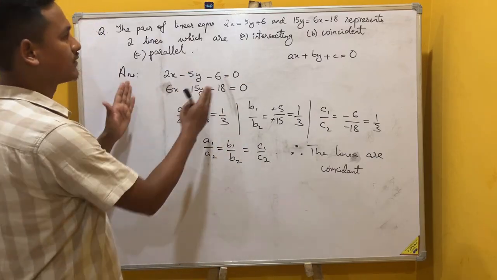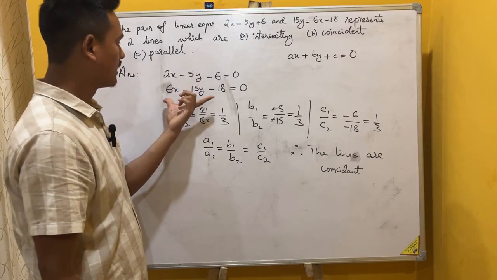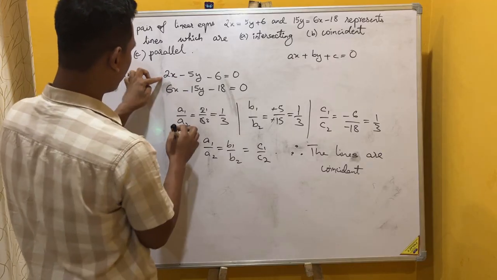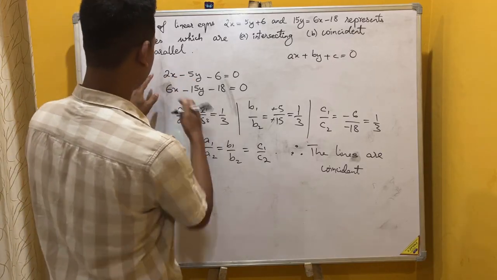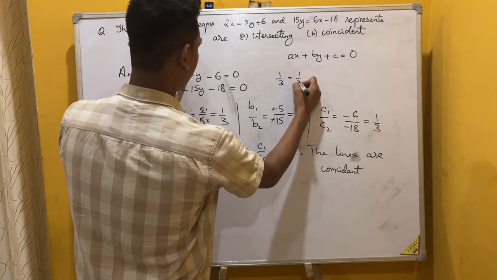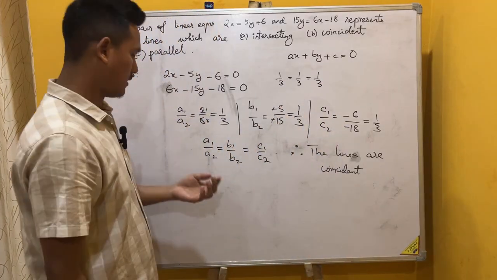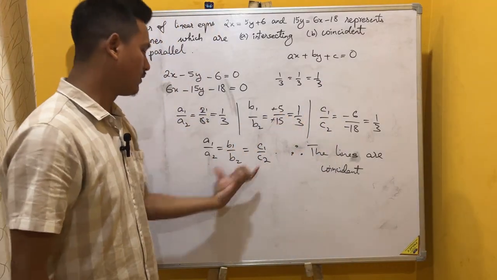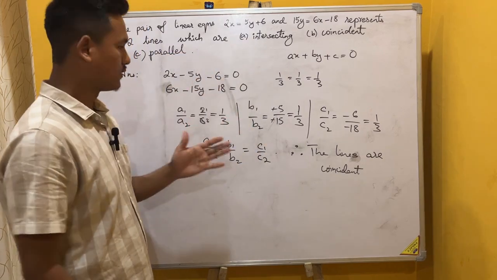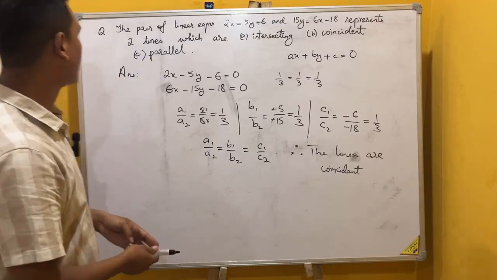First you write the equations in this format, and here you can check a1 a2 b1 b2 c1 c2. So here you can see it is 1 by 3. This is also going to be 1 by 3, and here it's also 1 by 3. So this is equal to this. So you can say that the lines are coincident. You don't have to write all these things. So let's move on to another question.